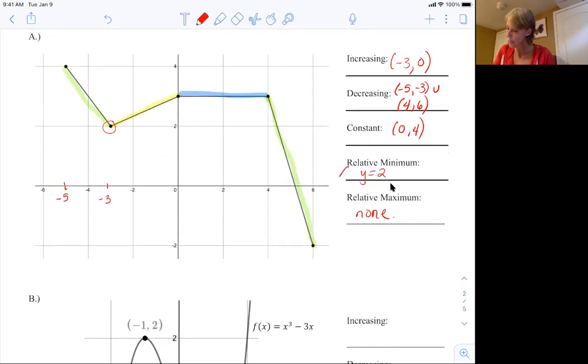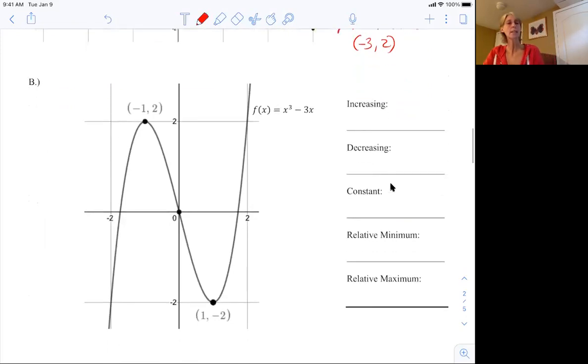Just as a little side note, sometimes with our relative mins and maxes, you could write it as an ordered pair. I think on some of the answer keys, I have done that. But we want to understand that the minimum value is referring to the y value itself.